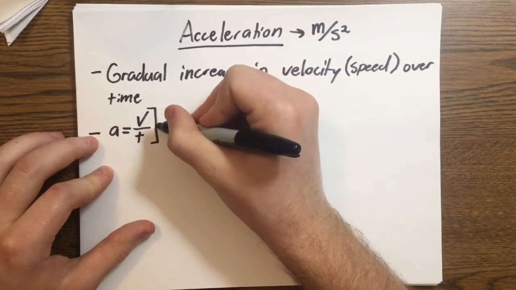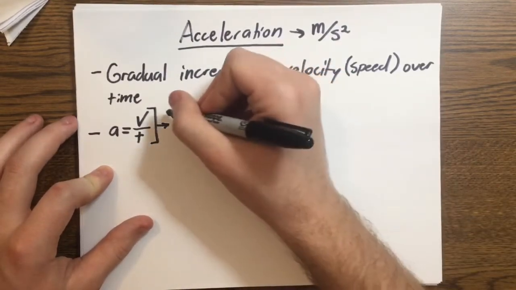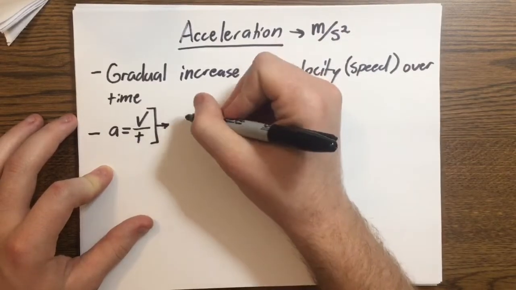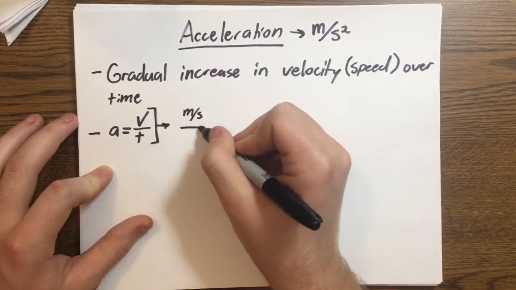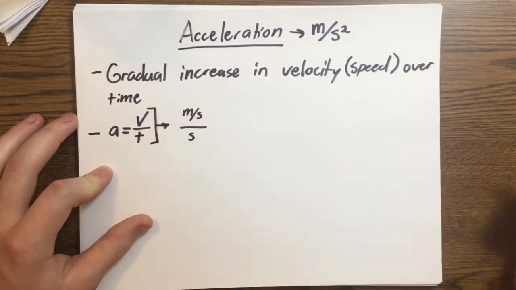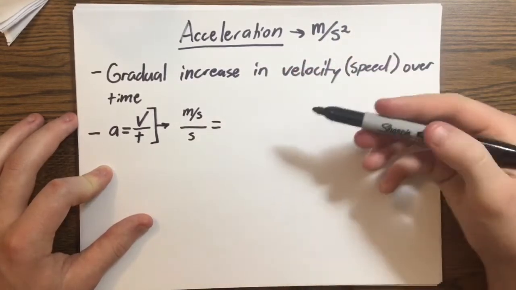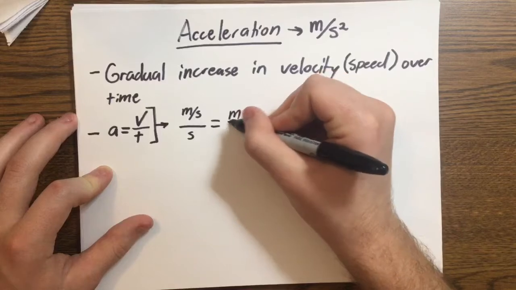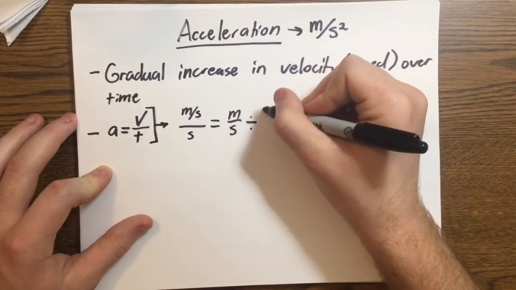So, velocity over time. The units for velocity, just like speed, are meters per second. And they're divided by time, which we're just going to say is in seconds as well. So we can rearrange this, make it easier to see in this form: meters per second divided by seconds.